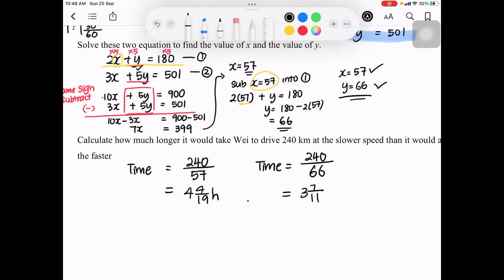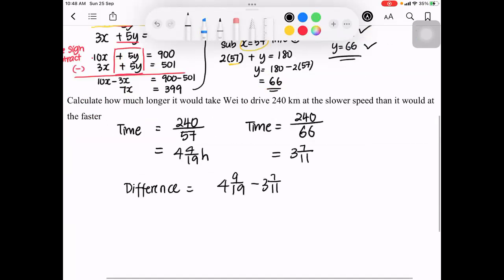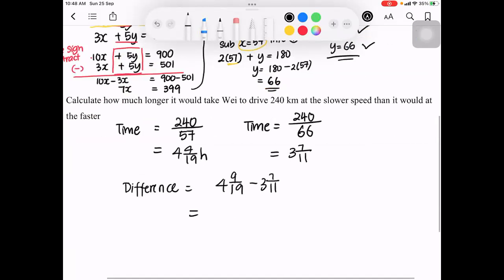How much longer? So they want the difference. So I take this one minus this one. Okay, how much longer? So I just minus, shift 4 and 4 over 19 minus shift 3 and 7 over 11.